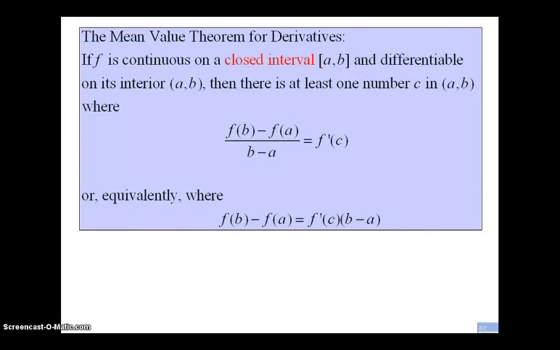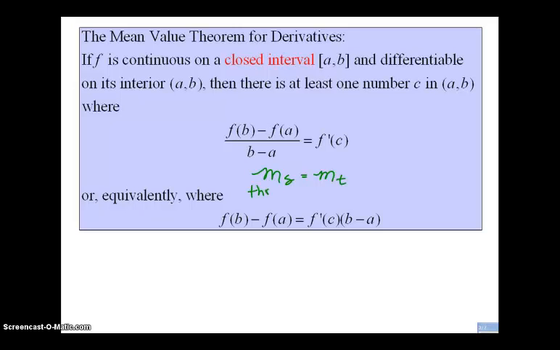So let me formally give you that theorem. The mean value theorem for derivatives: if f is continuous on a closed interval and differentiable on the open interval, in other words, f prime exists, then there is at least one number, C, in the open interval, where the slope of the secant line equals the slope of the tangent line.